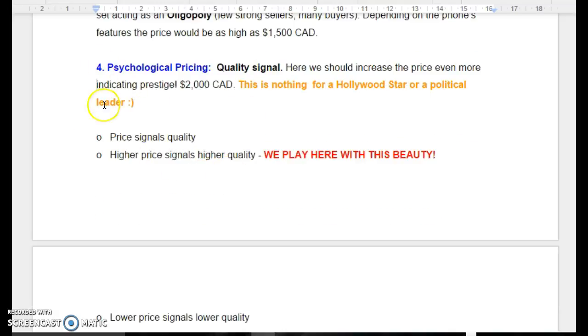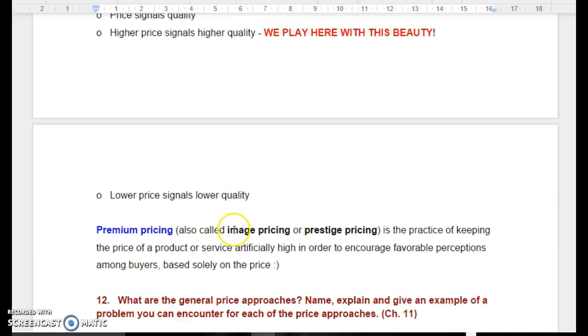In this strategy, price signals quality, and a higher price signals even higher quality. Also, a lower price signals lower quality.